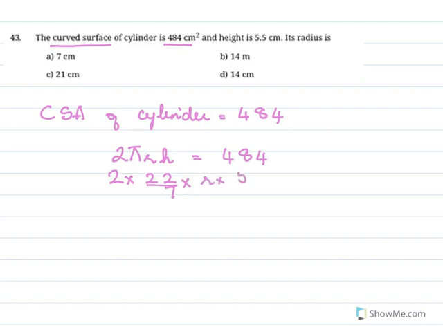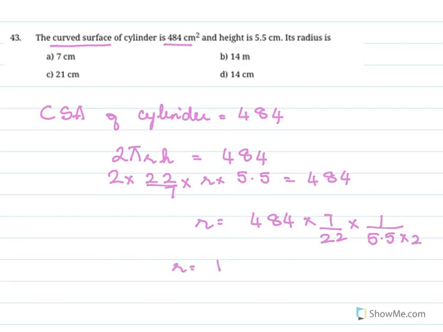The R we do not know. The H is 5.5 is 484. So R is 484 into 7 over 22, 5.5 into 2. And when you work this out, you get R equal to 14 centimeter. So here is your answer, 14 centimeter.